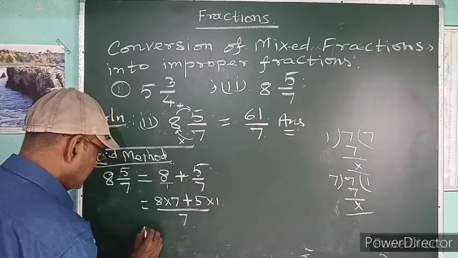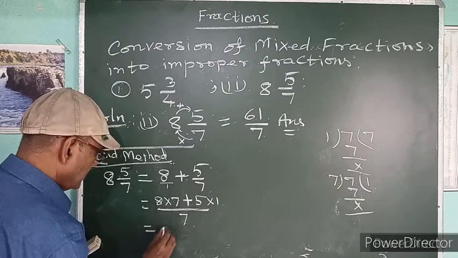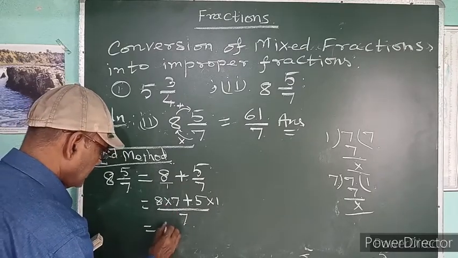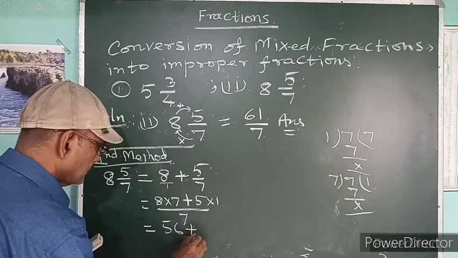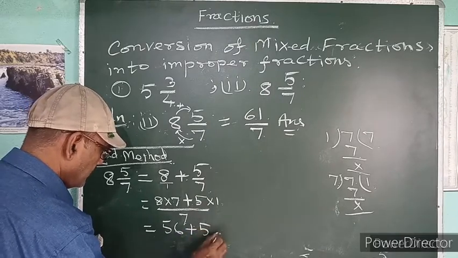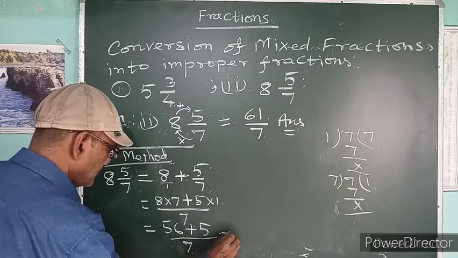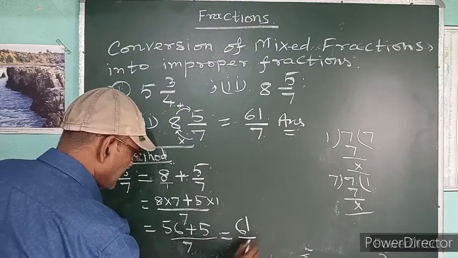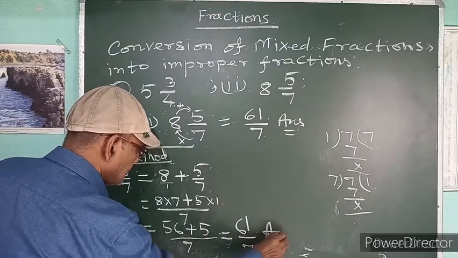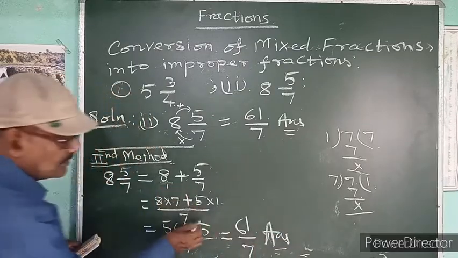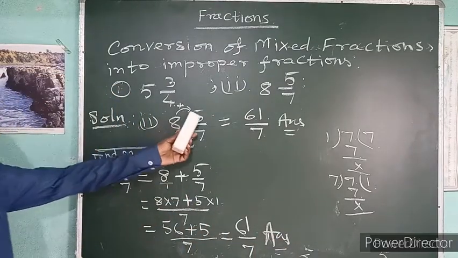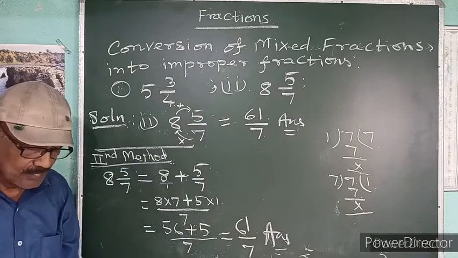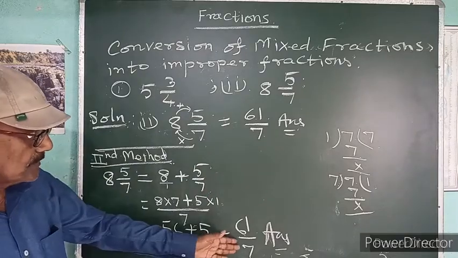It will give you 8 7s are 56 plus 5 by 7. It will give you 61 by 7. So this is a long procedure. This is a short procedure. The answer is same.